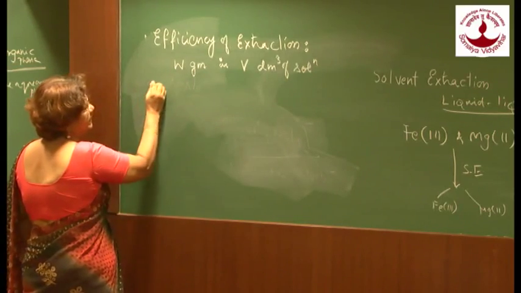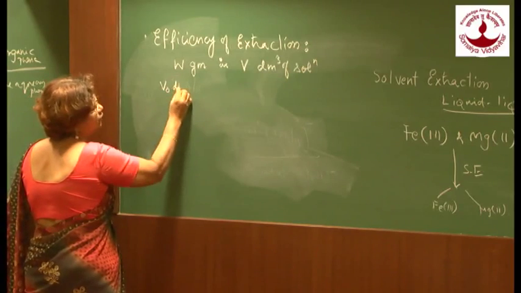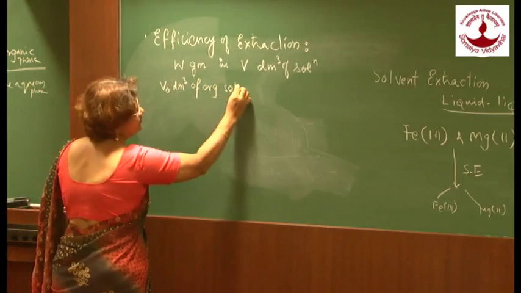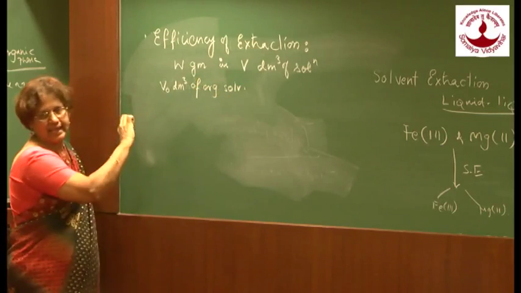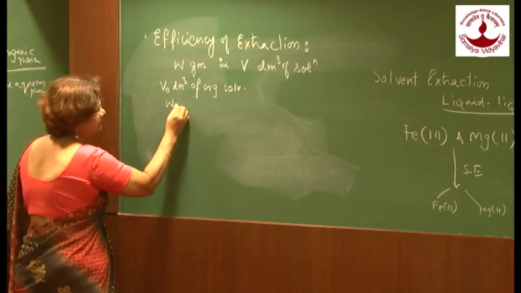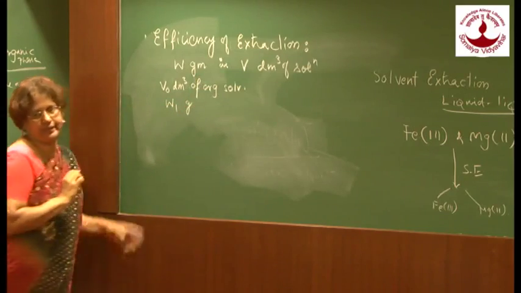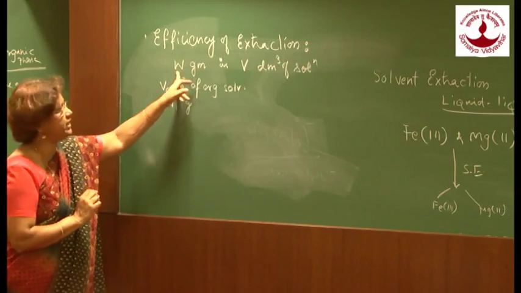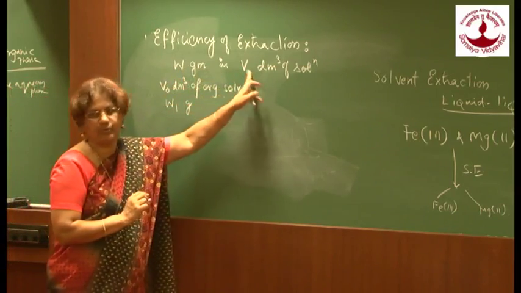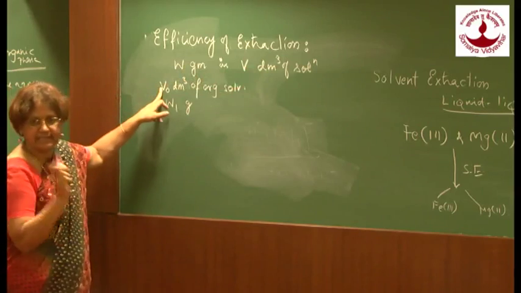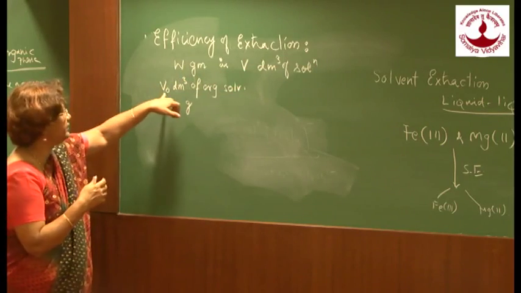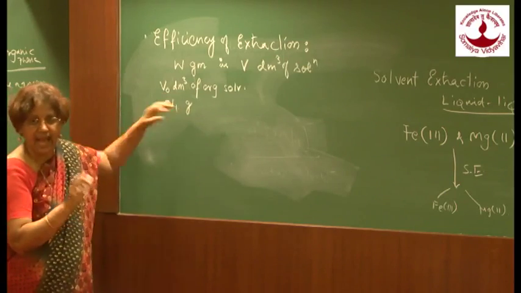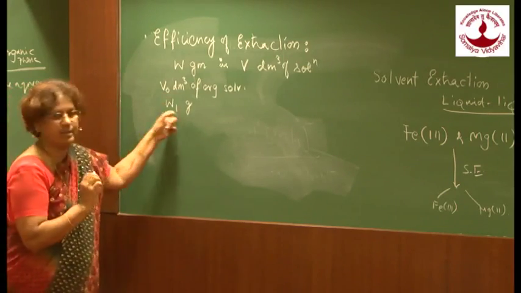After equilibrating it with V_o dm³ of organic solvent, the amount of A which is left behind is W1 gram. So W gram of the solute is initially taken, present in V dm³ of the solution. It is shaken with V_o dm³ of the organic phase, and the amount left behind at the end of the first extraction is W1 gram.